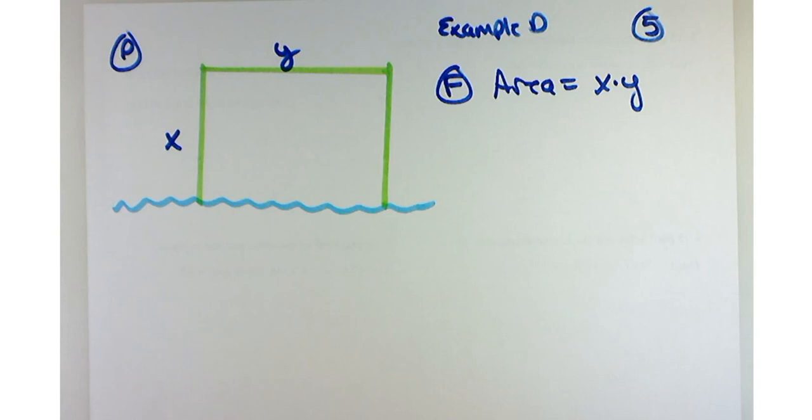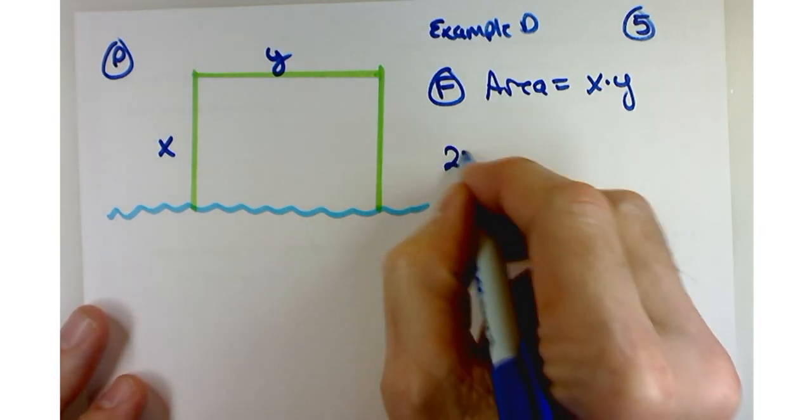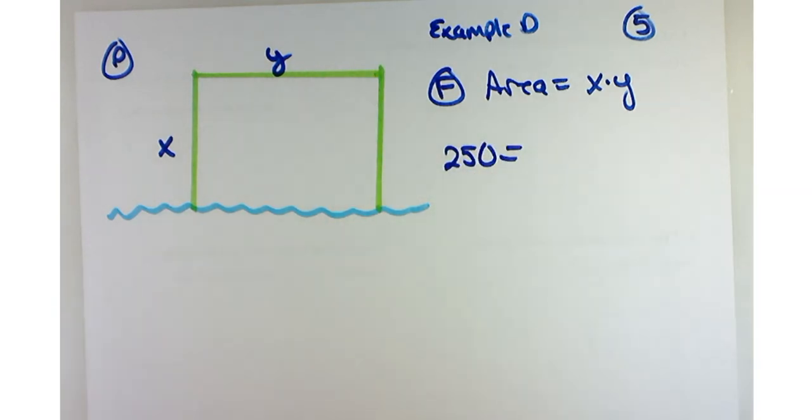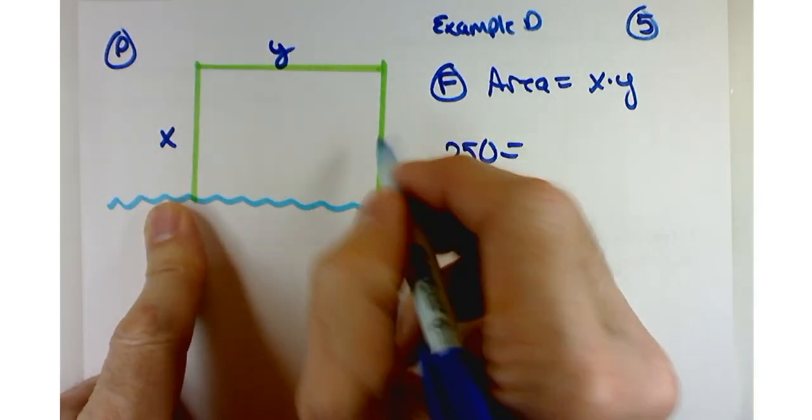Well, how would you calculate how much fence we're using here? Sort of the perimeter, as you would say. What does that 250 have to equal? 2x plus... Let's be careful. 2x, even though it's not written, it's understood that there's another x over here.